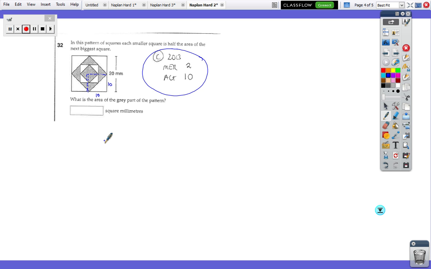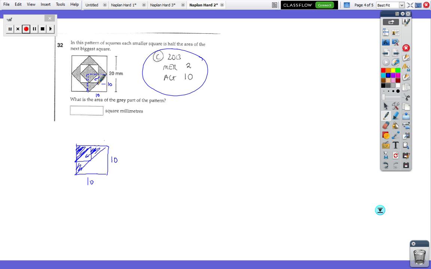Okay, so instead of having the whole shape being 20 by 20, I've got 10 by 10. And draw that across, draw that down. So they're the shaded areas. That shaded area could come into there, so that shaded area is the same as that.